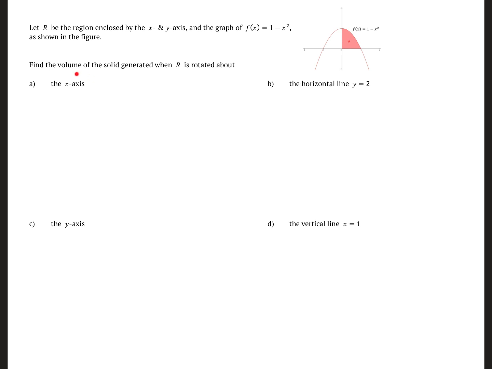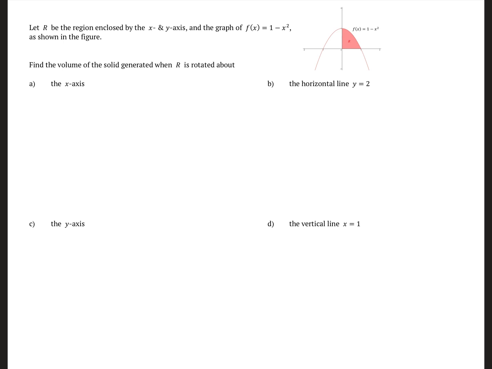Anytime you're rotating around the x-axis or a line parallel to it, these are always going to be in terms of x. If you rotate the region around the y-axis or another vertical line, then your integral has to be in terms of y. So these first two will be in terms of x, and these two down here will be in terms of y. But not much different besides that.